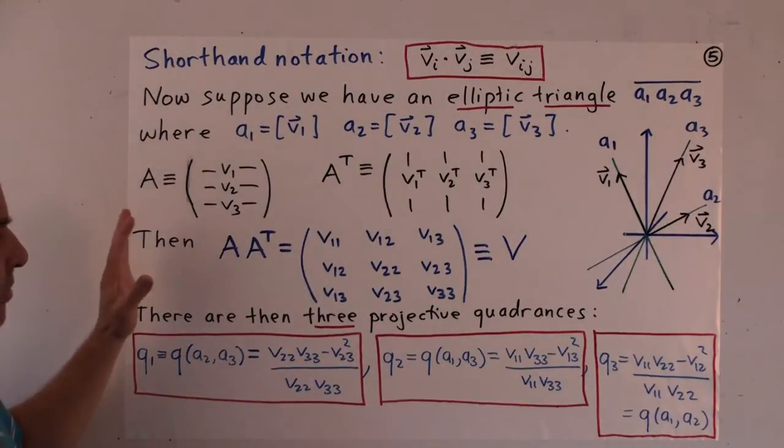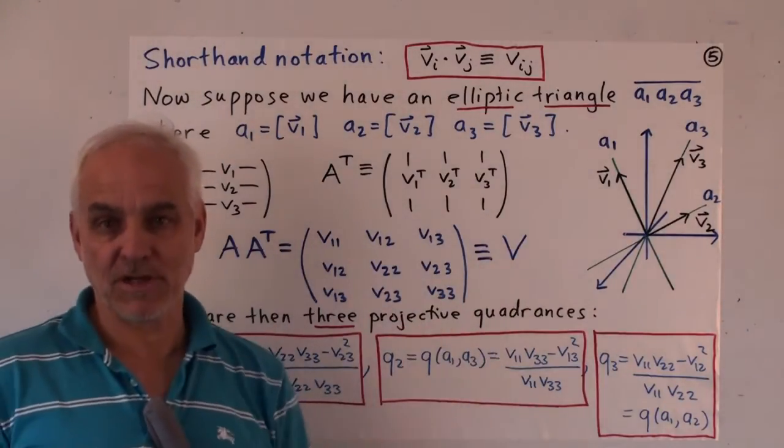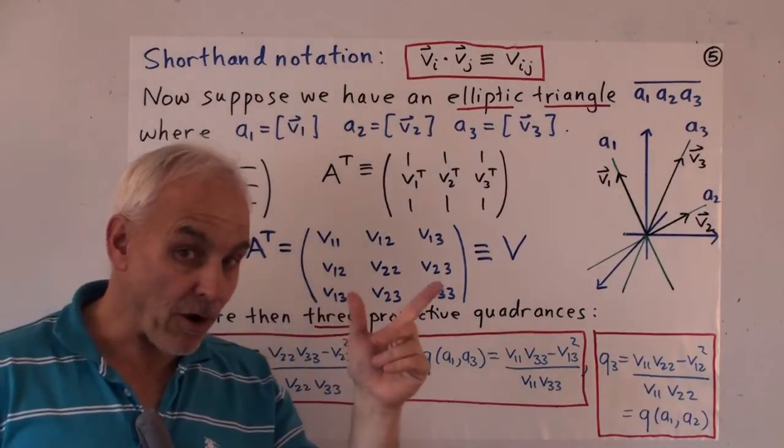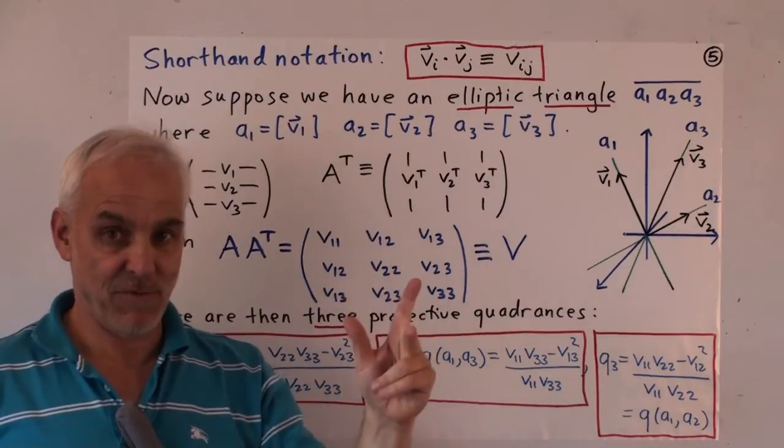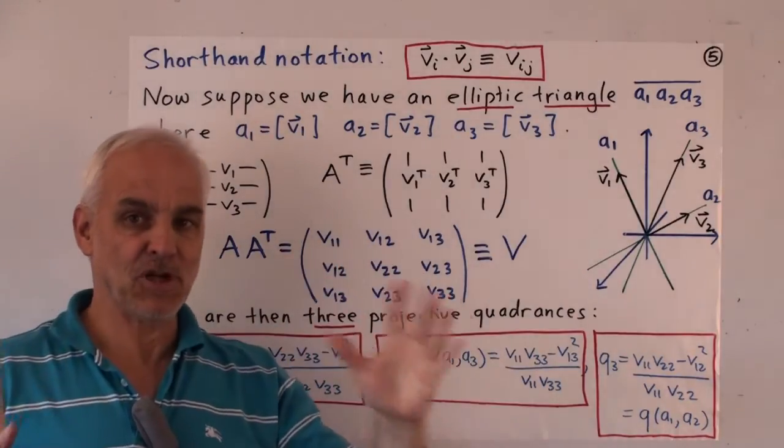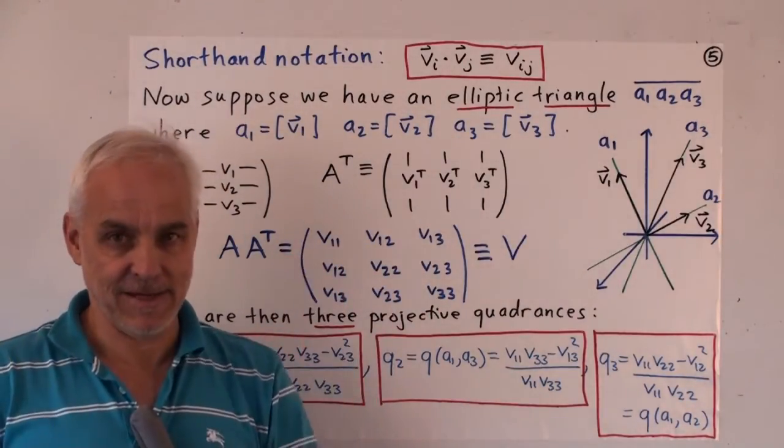Okay, so now it's time to move up to the real object of interest, which is not a pair of projective points, but rather a triple of projective points. The elliptic triangle that we're trying to study.